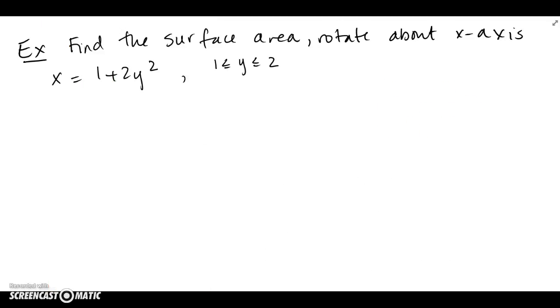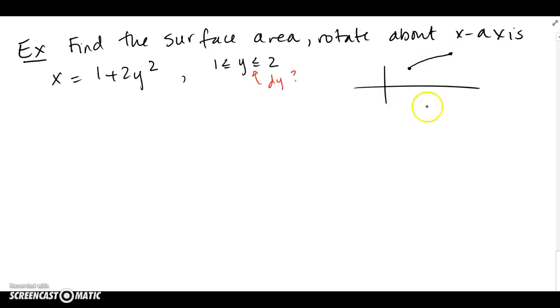Let's look at another example. It says find the surface area, rotate about the x-axis again, and this is the shape from 1 to 2 in y values. So again, I'm kind of thinking maybe it's going to be a dy problem because y values are given to me, but not necessarily, but I'm sort of leaning that way. Well, this shape happens to be a sideways parabola, and I guess we're only concerned with the top half because y's are between 1 and 2.